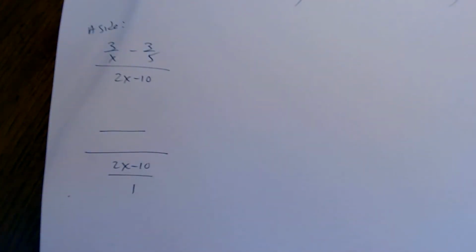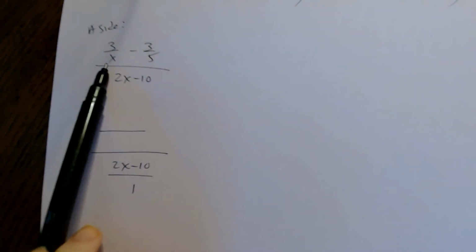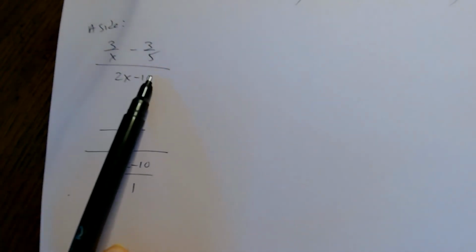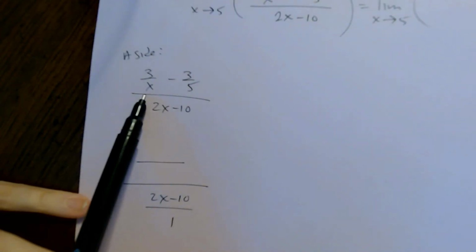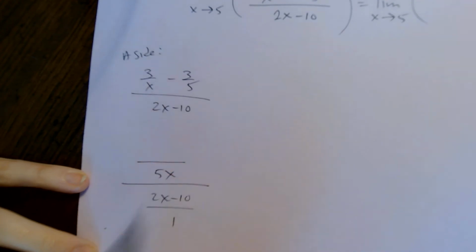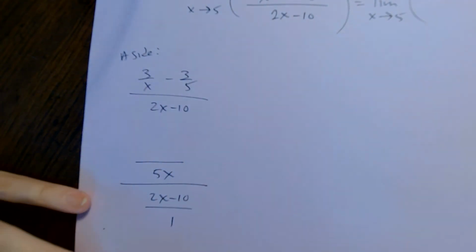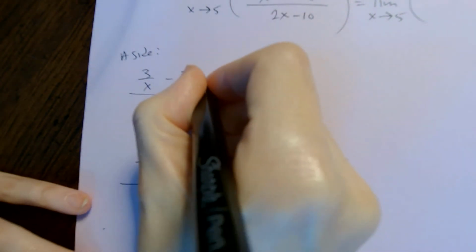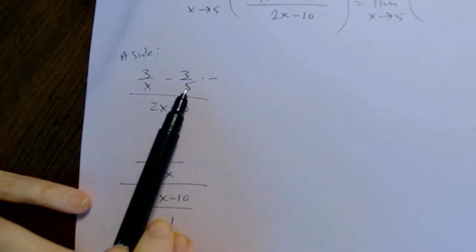Now, here I have a denominator of x and a denominator of 5. So my common denominator needs to include a factor of x and a factor of 5. So that would be 5x. Now, what factor am I missing for this denominator to be 5x?